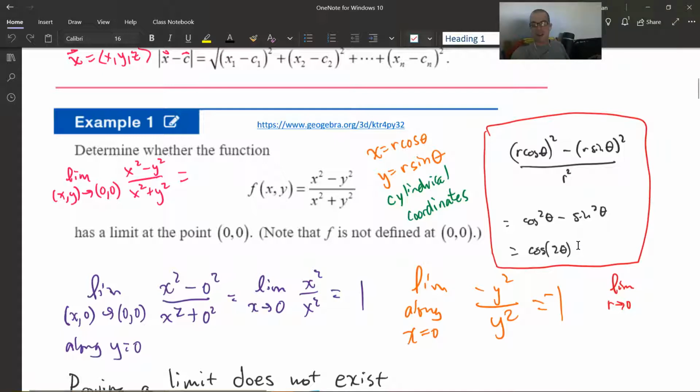And that's why we don't have a solid limit as r, in this case the radius in the polar coordinate system, goes to 0. Sometimes thinking about these limits in cylindrical coordinates is a nice additional way to look at it. But again, looking at this, it means that the limit doesn't exist.